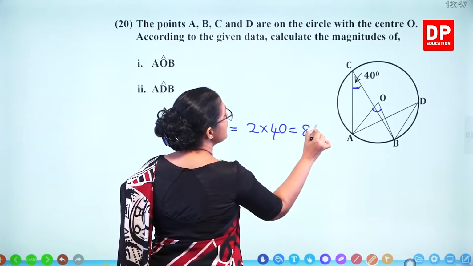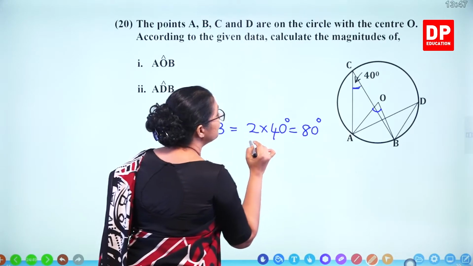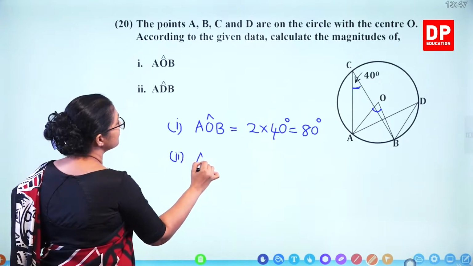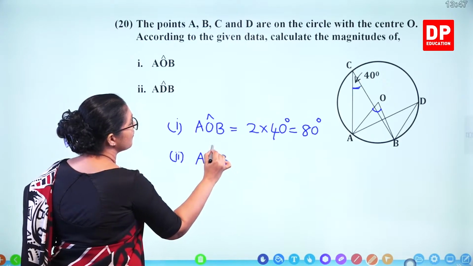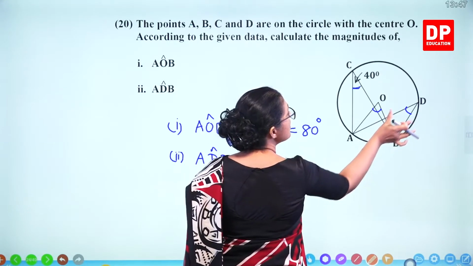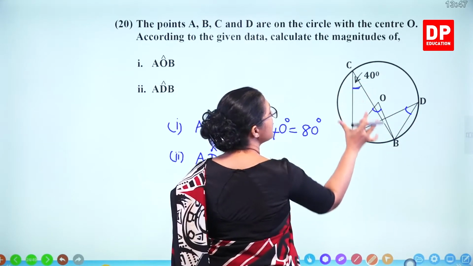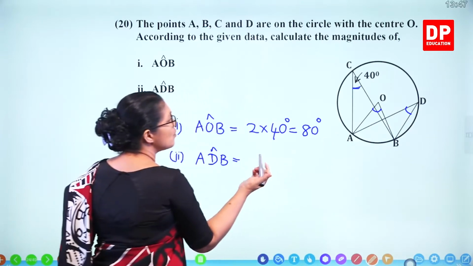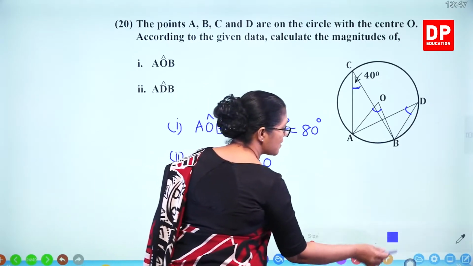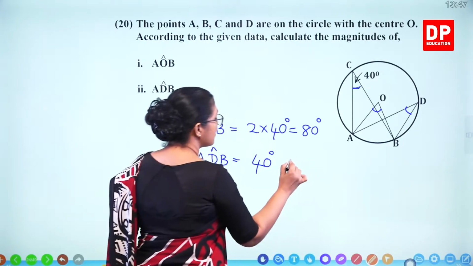That's 80 degrees. ADB. ADB is this one. So can you see? Same segment angles are equal. So ADB is 40 degrees. So 2 answers, 1 mark each.